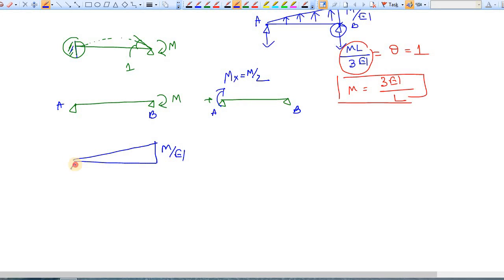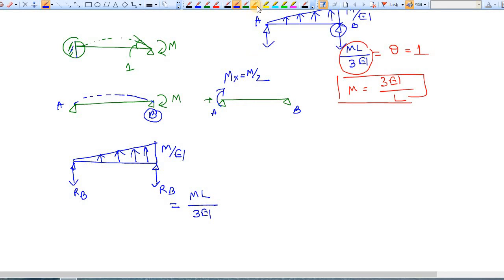This is the support, and as the deflection is upward, you have to apply an upward load. To calculate the slope at B, you have to find reaction RB. Here reaction RB is coming as ML by 3EI.